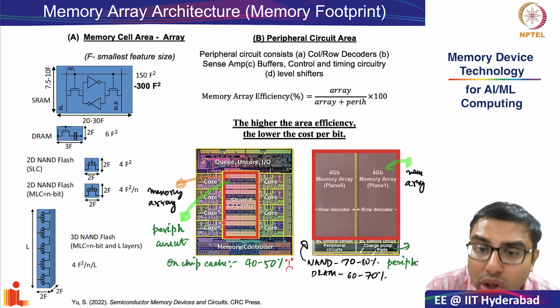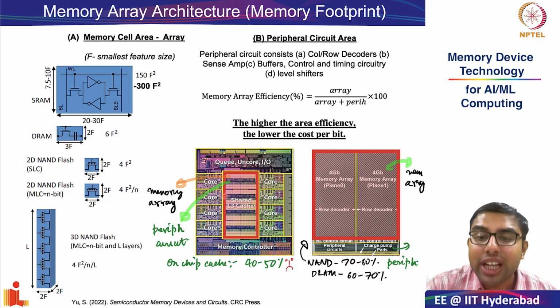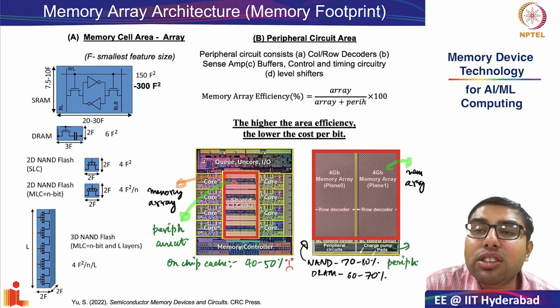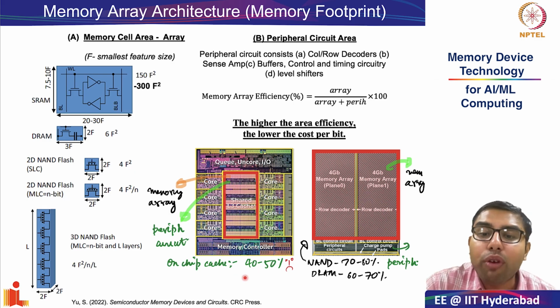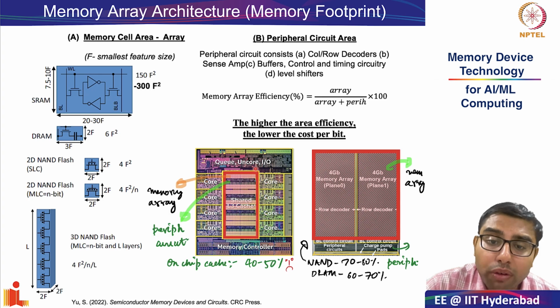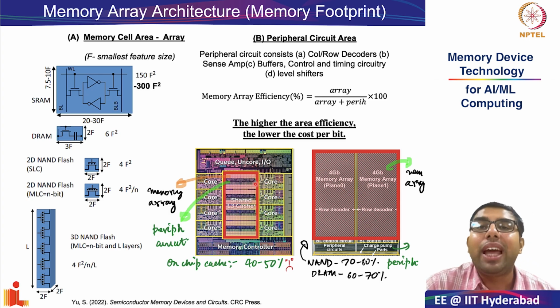So in the case of the shared L3 cache, which is an on-chip cache, the area efficiency is very poor. It is only 40 to 50%. So the peripheral circuitry occupies almost half or even more than half of the entire chip area.